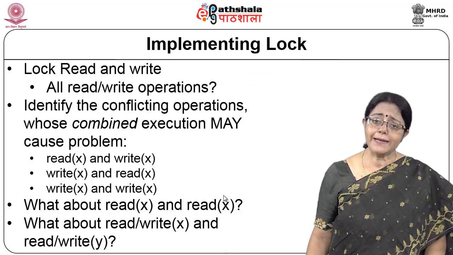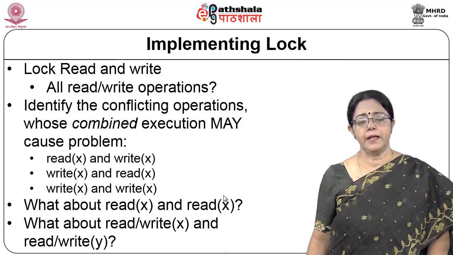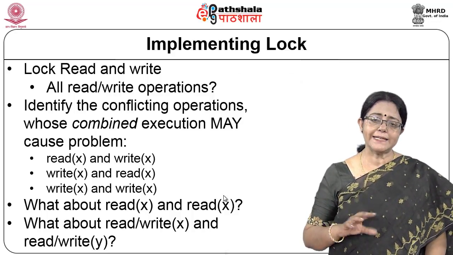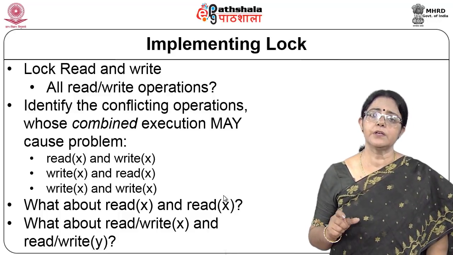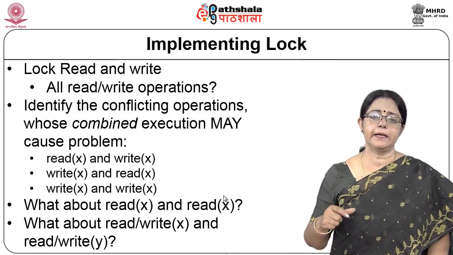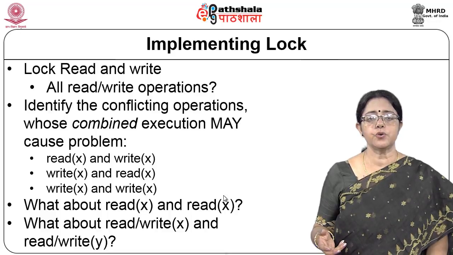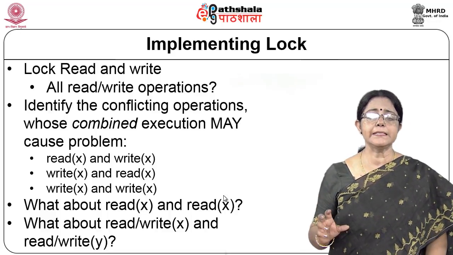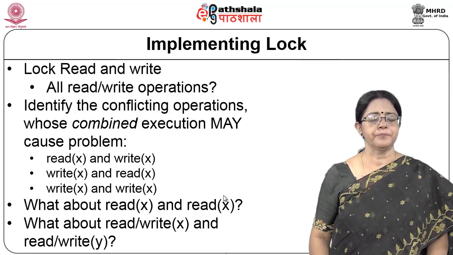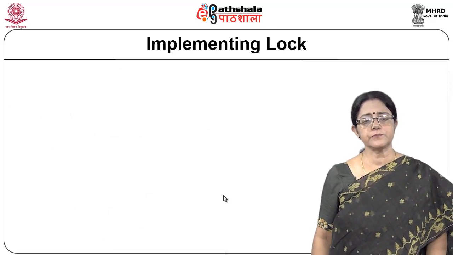So, all reads and writes need not be stopped. We need to identify the specific reads and writes that are causing a problem, and these operations are locked. We call them conflicting operations, and these conflicting operations should come under lock.